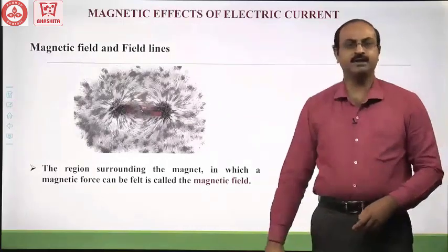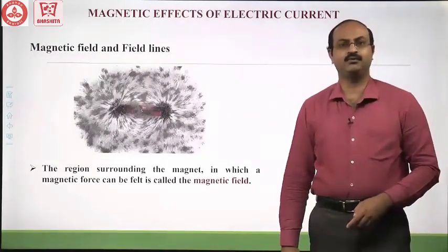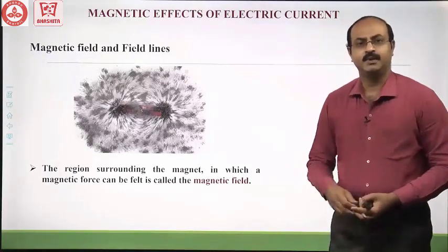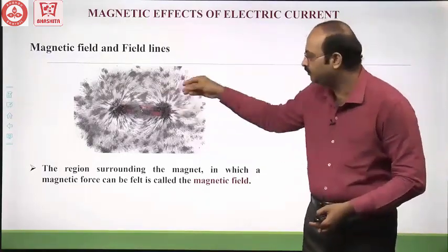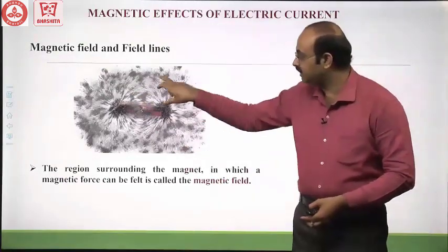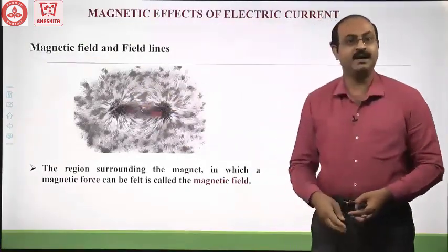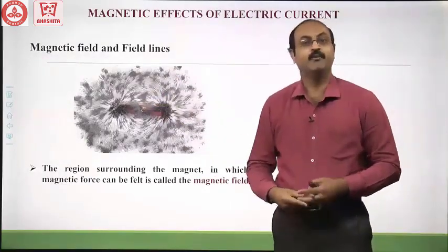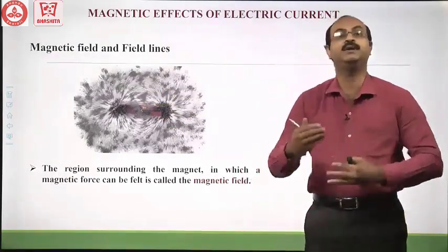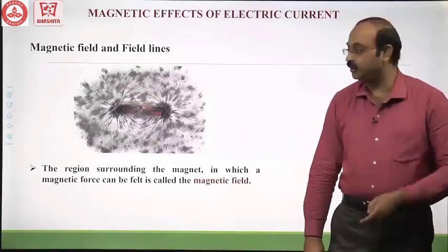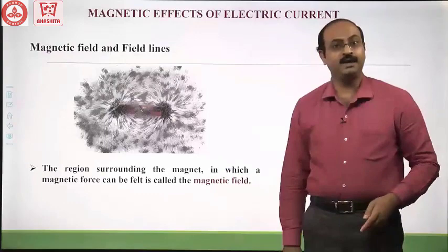If you want to see the magnetic field around a bar magnet, you can sprinkle some iron filings around it. The manner in which those iron filings arrange themselves around the bar magnet will give you the pattern of the magnetic lines of force. And how do you define the magnetic field?